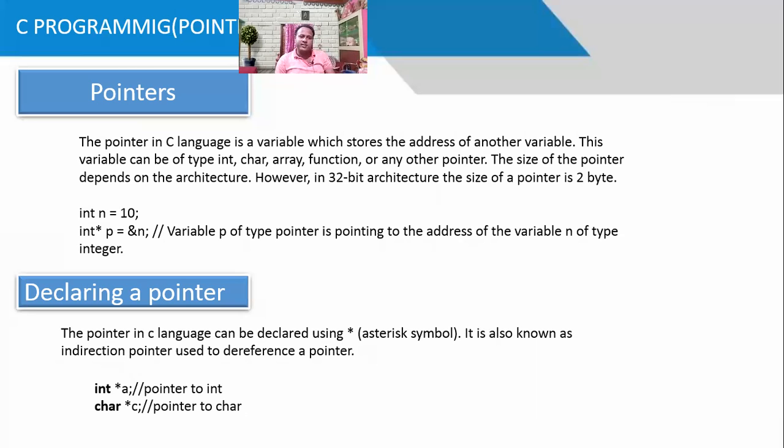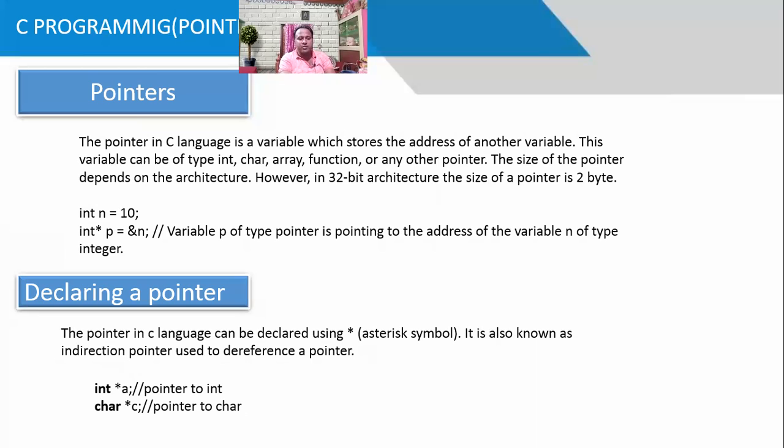It is a variable which stores the address of another variable where that value is stored. This variable can be of type int; your pointer may be an integer, a character, an array, a function, or any other pointer.